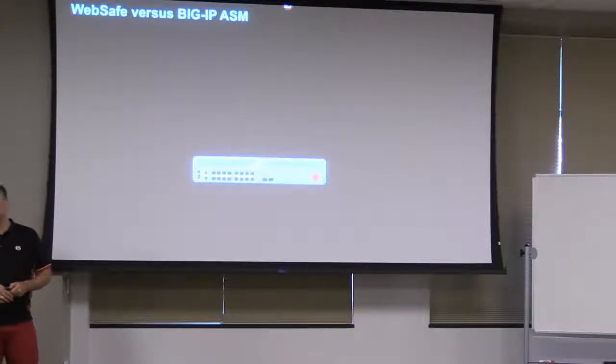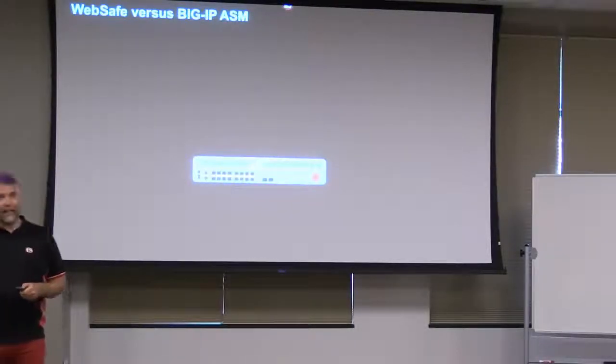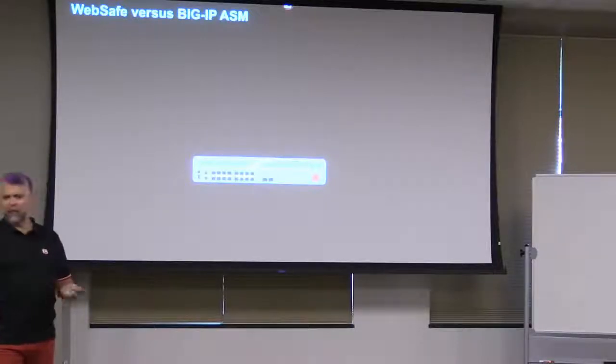We're going to see that in a lot more detail through additional slides here. But in addition, another thing that I get asked a lot is how is WebSafe and ASM different? And they couldn't be more different. They're two totally different products.